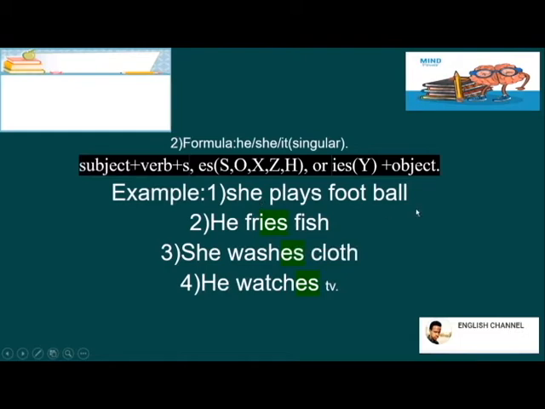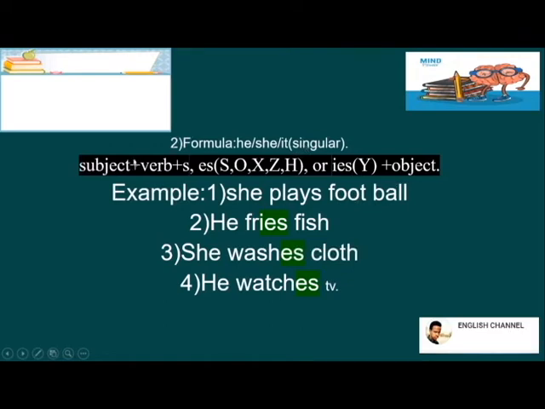She plays football. He fries fish. She washes clothes. She watches TV. So we have seen two formulas of simple present tense, the singular formula and the plural formula.